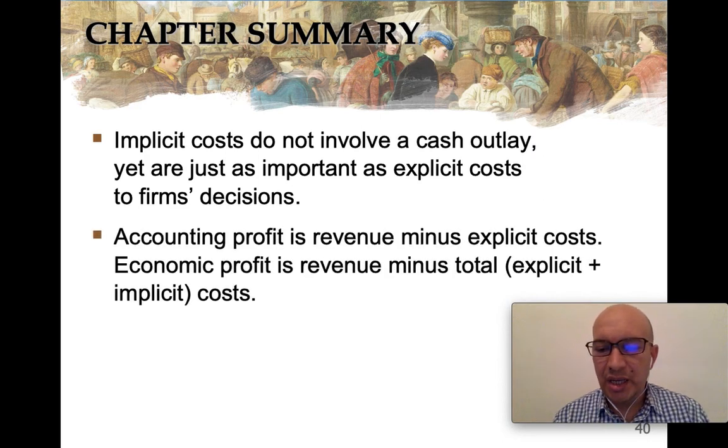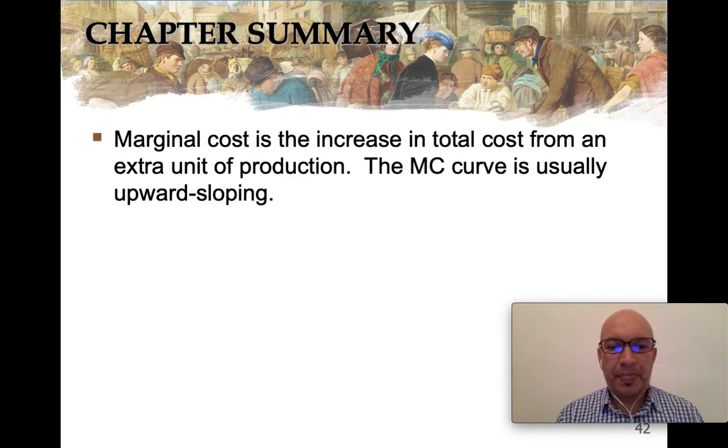So here we will necessarily have two different profits: the economic profit and the accounting profit. The marginal cost is, I think, the most important concept in this chapter, because we will need it in the coming chapter. The intersection of the marginal cost curve with the other curves can tell us when the firm can produce at the lowest average cost possible.